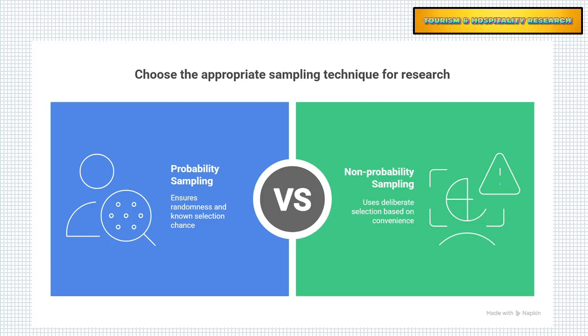When I talk about non-probability sampling techniques, it uses deliberate selection based on convenience. Both of these sampling techniques are further bifurcated into 4 methods each, which we are going to discuss right now.